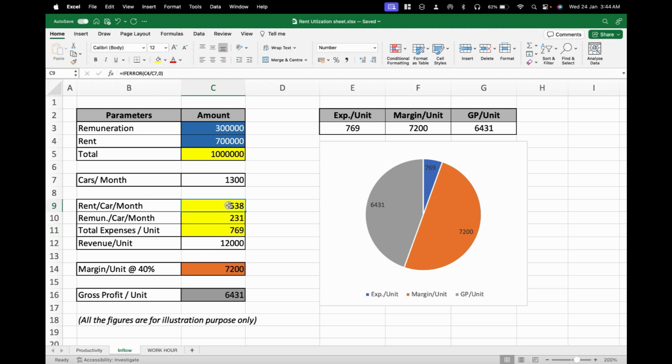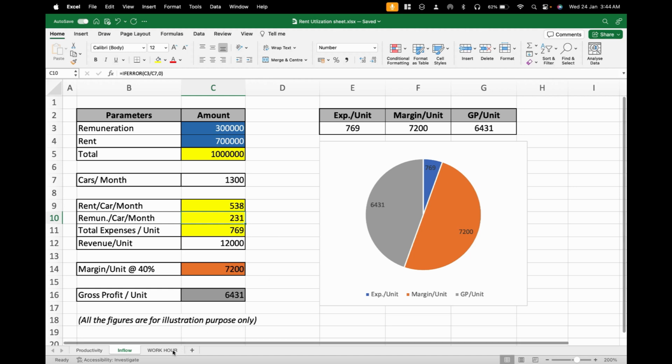You can see the rent per car and remuneration per car have come down without even touching the remuneration or rent, just by increasing the inflow. So we can manage the fixed cost by properly setting a recovery rate.